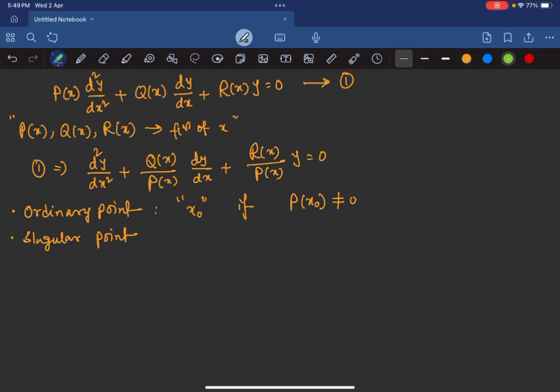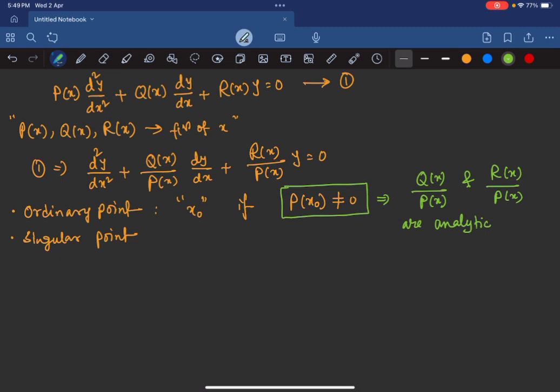What does it actually mean? If p(x0) is not equal to 0, then the terms q(x)/p(x) and r(x)/p(x) are both analytic at x0. These are nothing but rational functions where the numerator and denominator are individually polynomials.